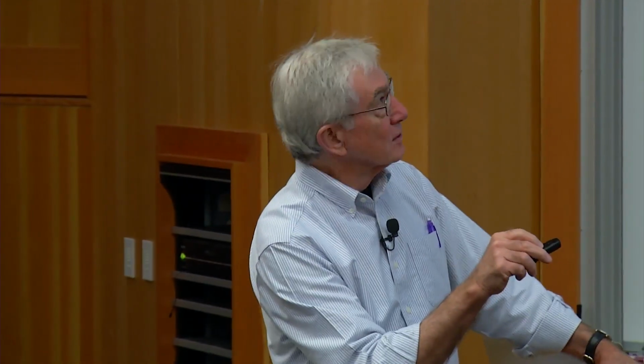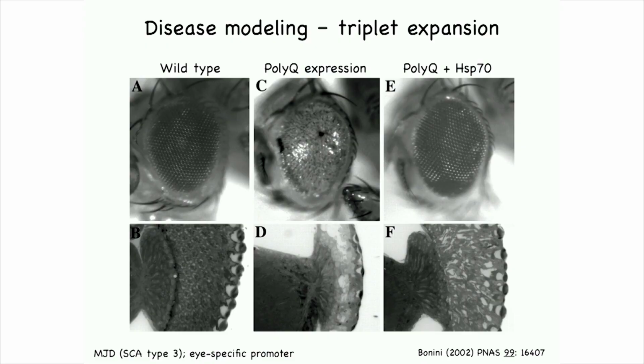And this is looking at one of these triplet expansion examples where the triplet that's expanded is a glutamine codon, and so you get what are called the poly-Q segments in the protein. The protein being used here comes from spinocerebellar ataxia type 3, and is driven with an eye-specific promoter.